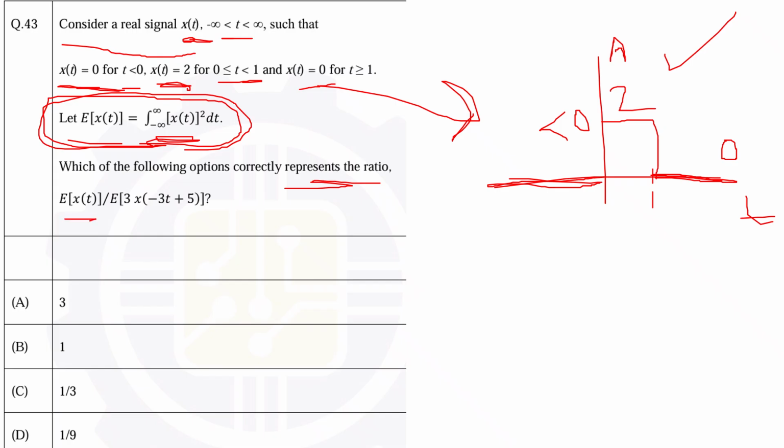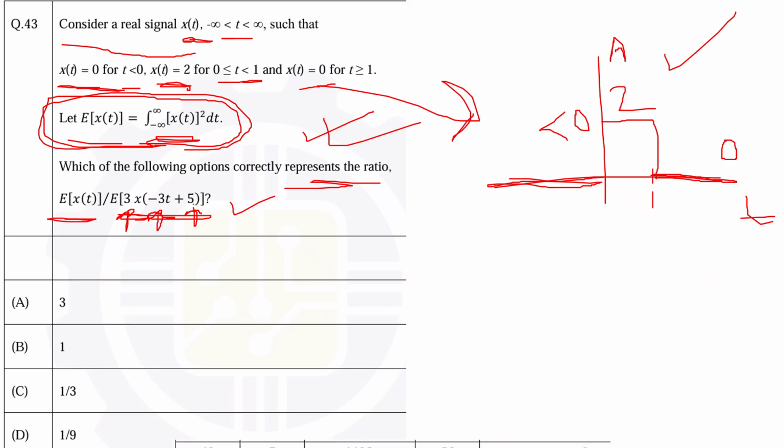So you shift the same signal by 5, in the time domain you scale by 3, and the amplitude is again multiplied by 3. So it is the same signal, just modified, and then you find the energy and take the ratio. Basically, the question is only to find the energy for two different signals.